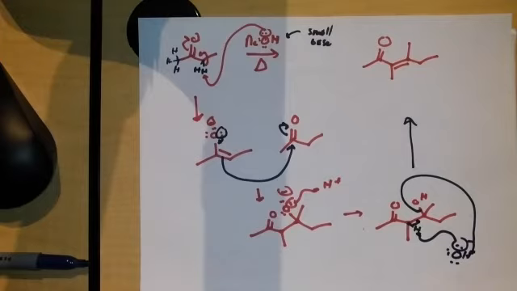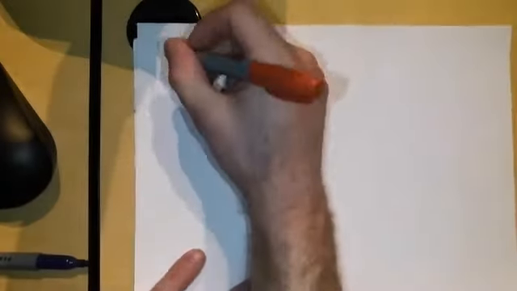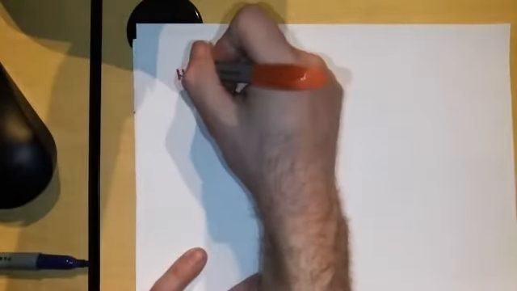All right, let's do some brominations. First one should be a simple bromination. We've got an aldehyde here.